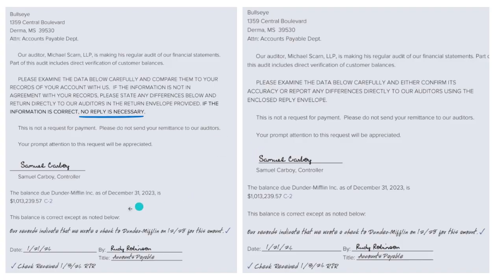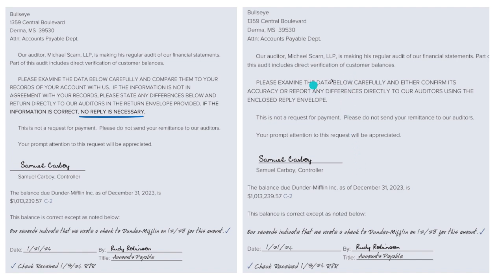And I have an example here for you of the difference between a positive and a negative. In this one, we're starting off with the negative. Here it gives them some information and then it says, if the information is correct, no reply is necessary. So this is that negative confirmation. Then over here, it's the exact same information. The balance is provided.